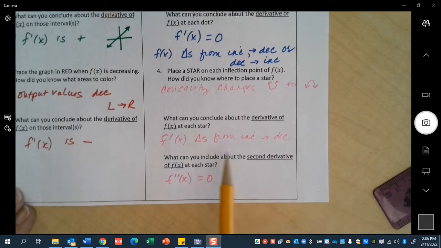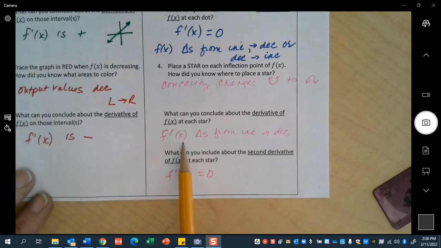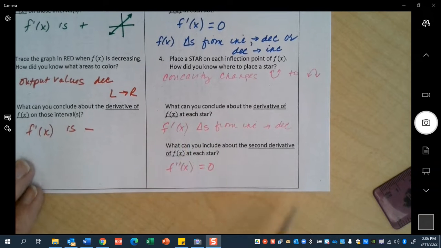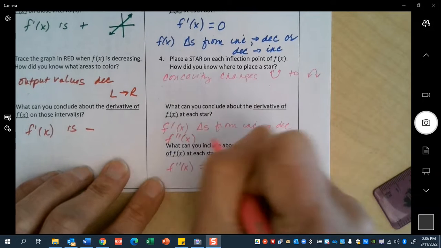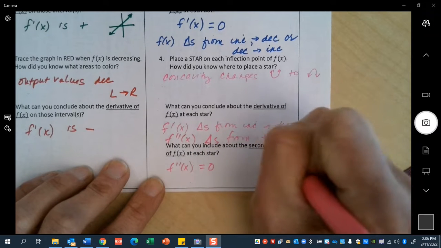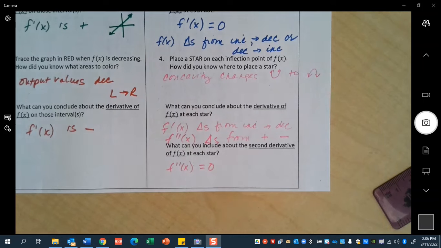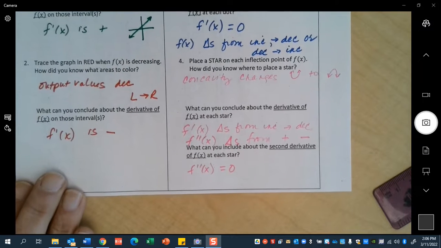That happens because my derivative function changes from increasing to decreasing, and that happens because my second derivative changes from positive to negative. At that star, my second derivative is equal to 0.